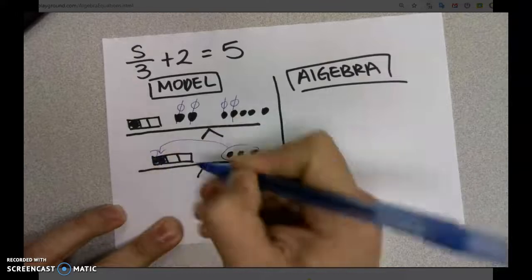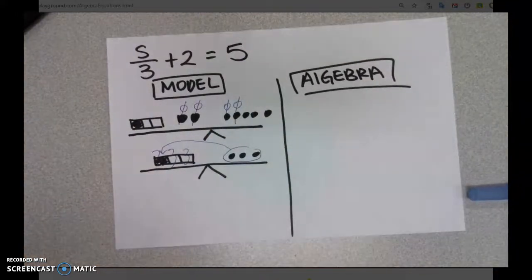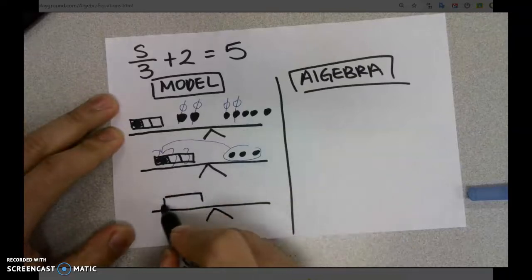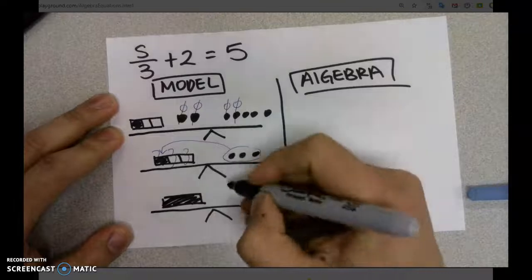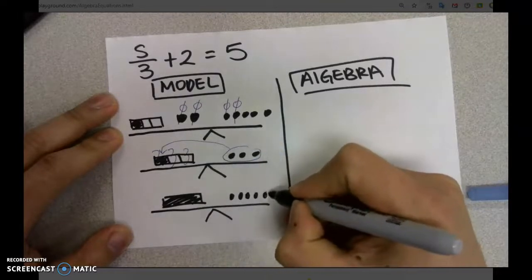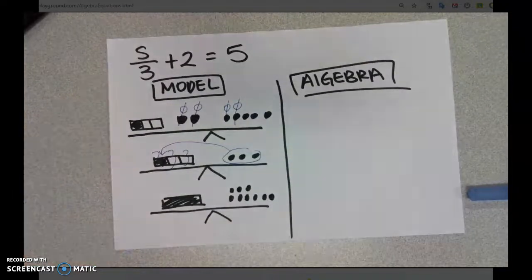So this is 3, this is also 3, and this is also 3. Which means your final one, the whole bar, will have to be 3, 6, 9. Has to be 9. 1, 2, 3, 4, 5, 6, 7, 8, 9. And that's it. So this is my answer over here.